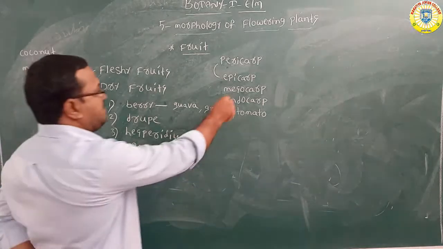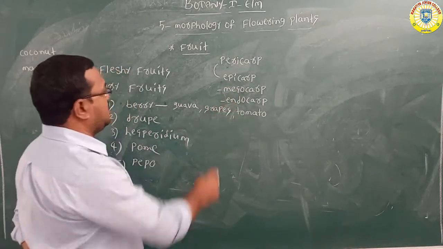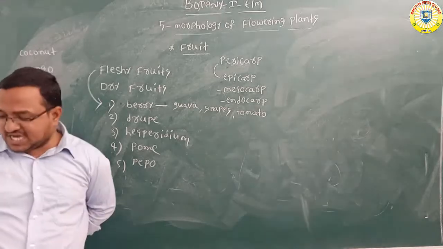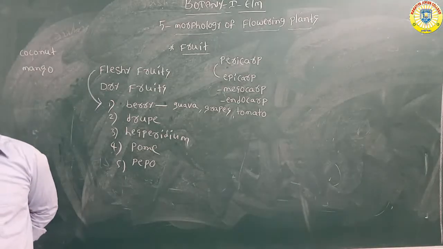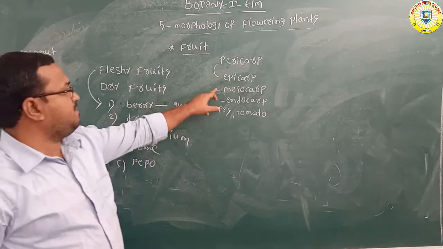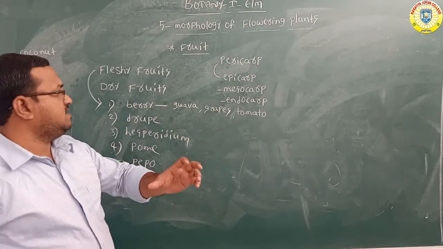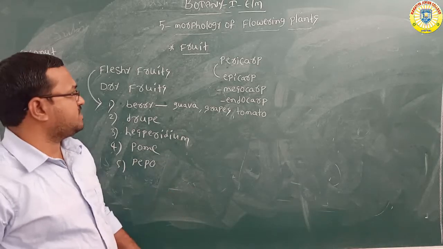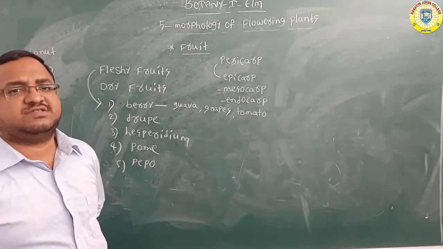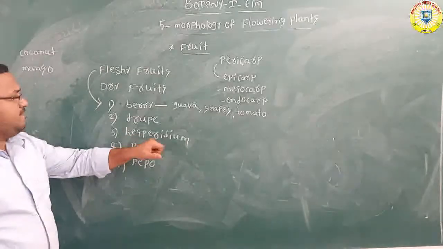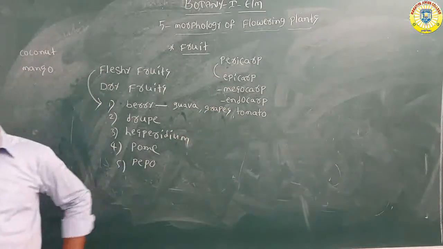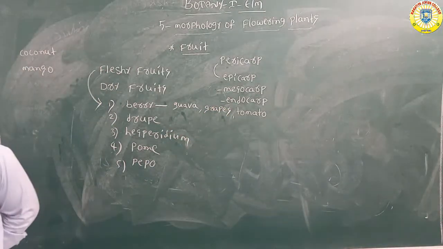Both are fused and form a pulp-like structure. The seeds are very hard in the berry fruit. So this is about the berry fruit. Guava, grapes and tomatoes are the best examples of berries.